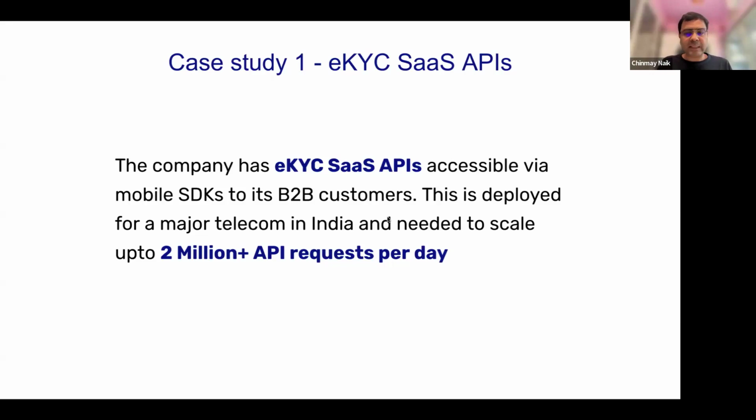We built these SaaS APIs, and the SDK would call these APIs to be able to do face match and image recognition, right? And this needed to scale to 2 million requests per day. So we would get about 2 million plus API requests for machine learning models per day.